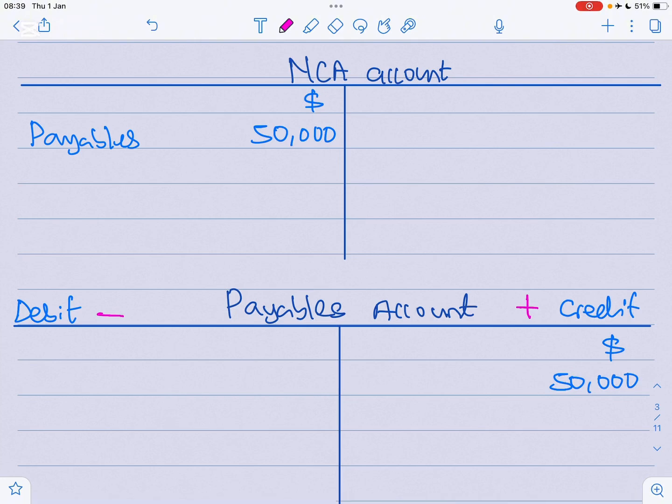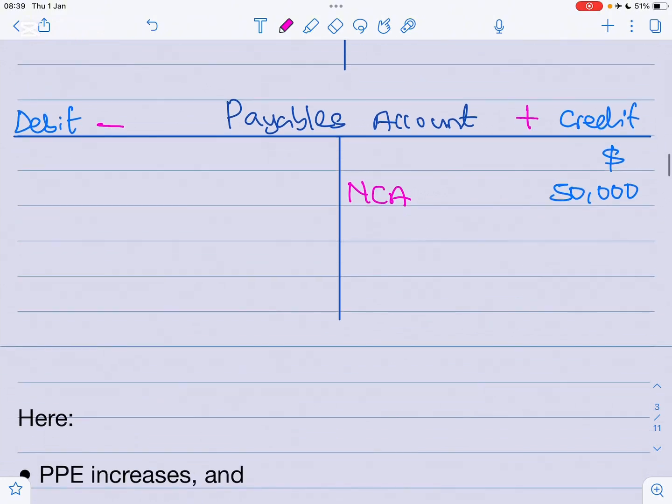And the answer would be, oh, we're having this liability because we bought or acquired a non-current asset on credit. So the narration is going to be non-current assets. So we have acquired a non-current asset on credit. Good. So that's the way to go about it.